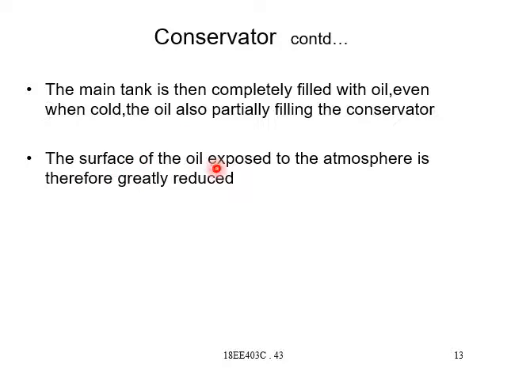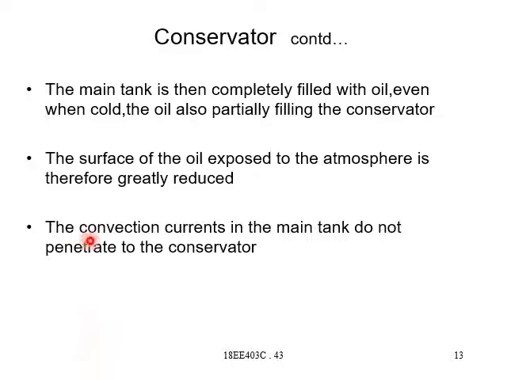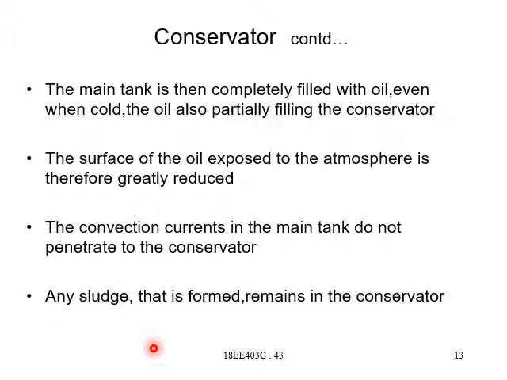The surface of the oil exposed to the atmosphere is therefore greatly reduced. The convection currents in the main tank do not penetrate to the conservator. Any sludge that is formed remains in the conservator tank only.